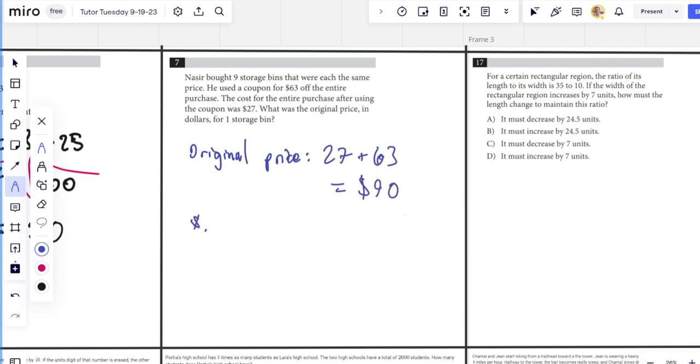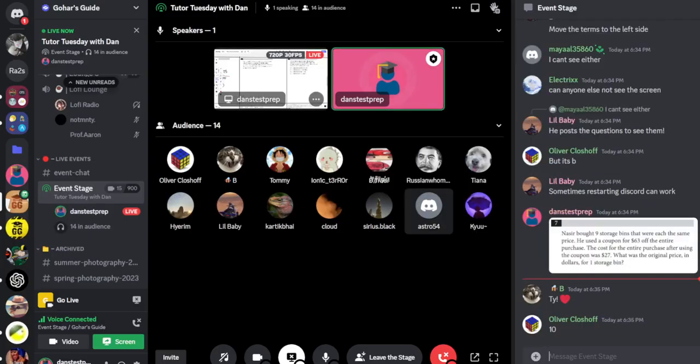And when we take $90 divided by 9 storage bins, we're going to get $10 for one storage bin. Yep, Oliver's got it.